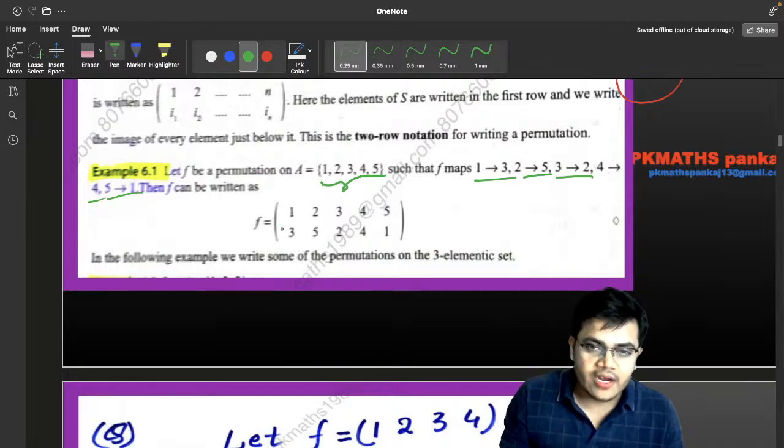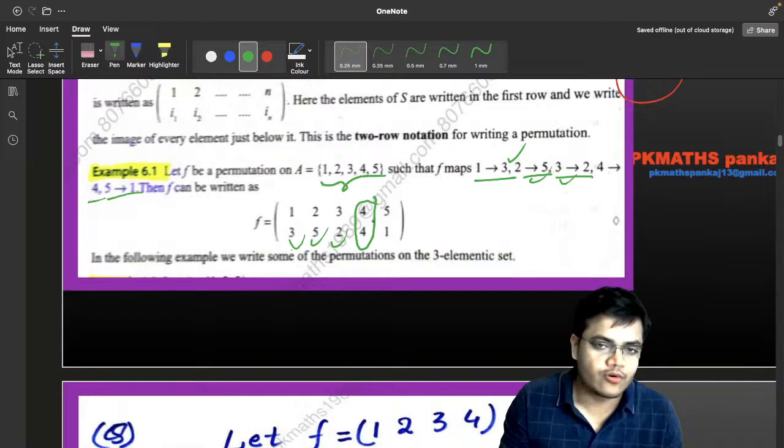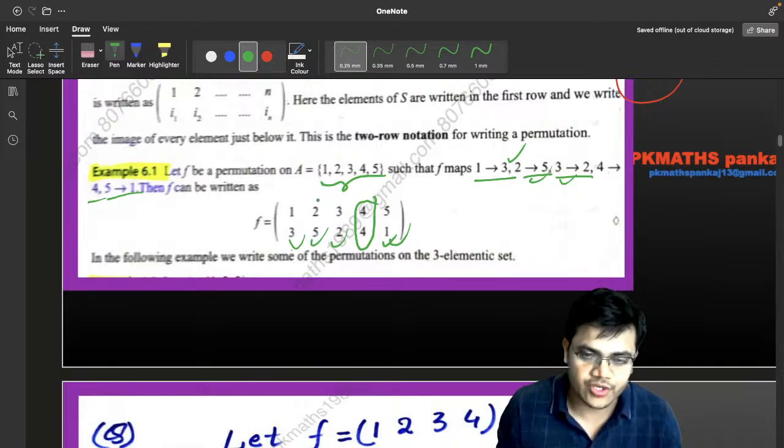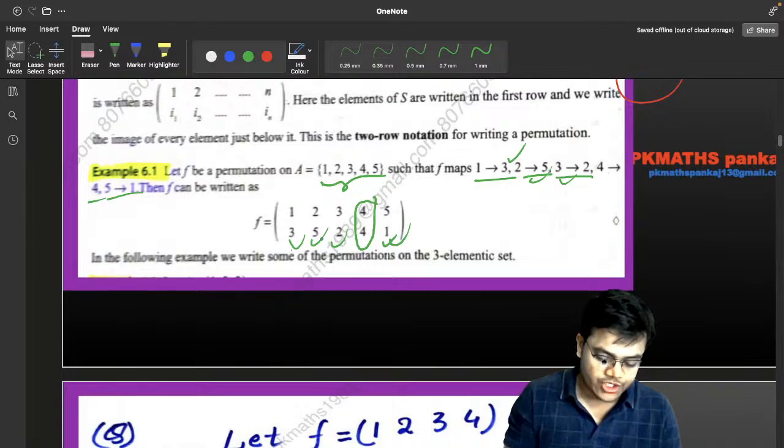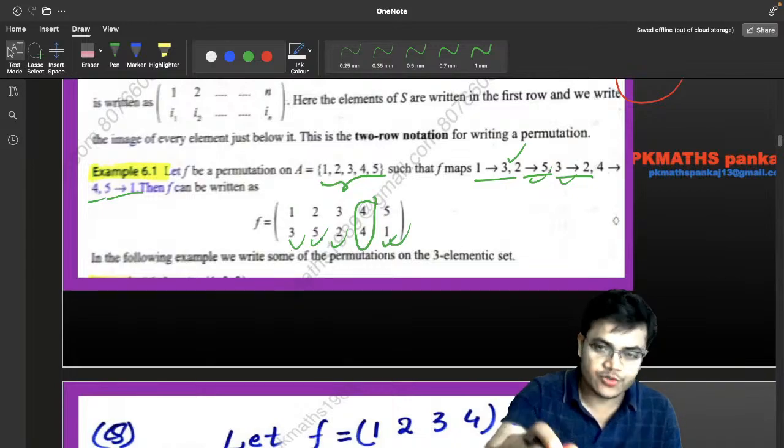Here you can see how we are going to represent it. 1 is going to 3, so 1, 3; 2 is going to 5; 3 is going to 2; and 4 is at 4 only, so you can see 4 with 4; and 5 is going to 1. So this is a 2-row representation. But how shall we represent it in cycle notation? Certainly we are going to discuss it.